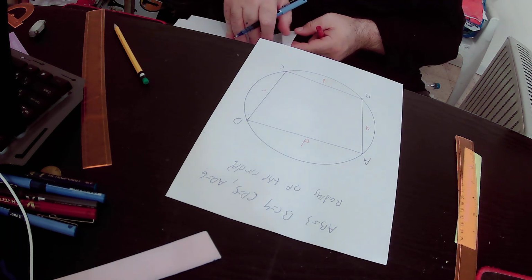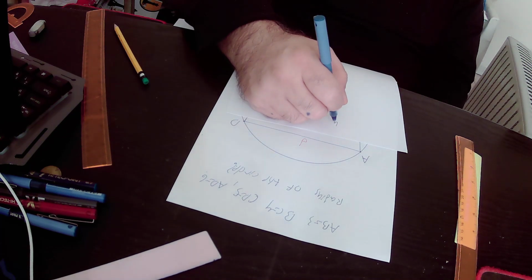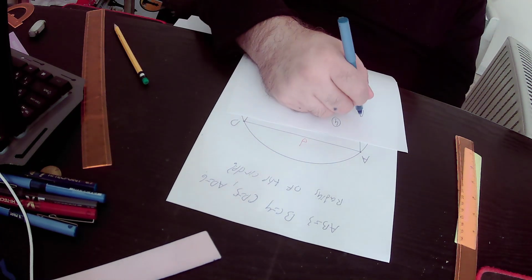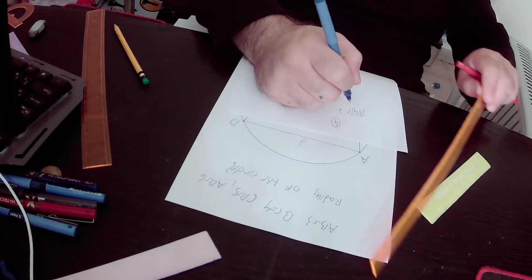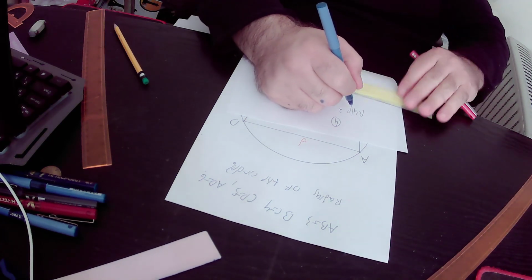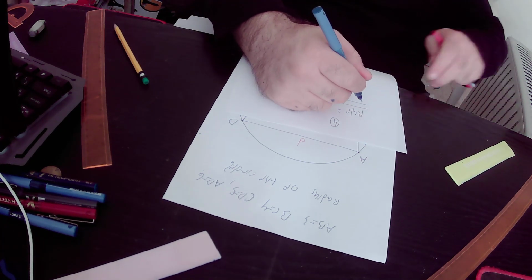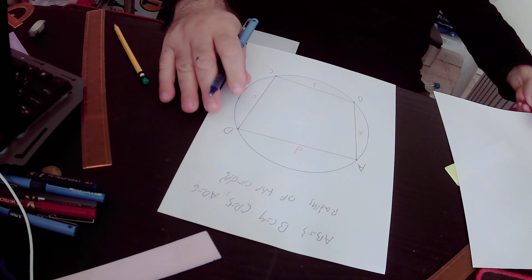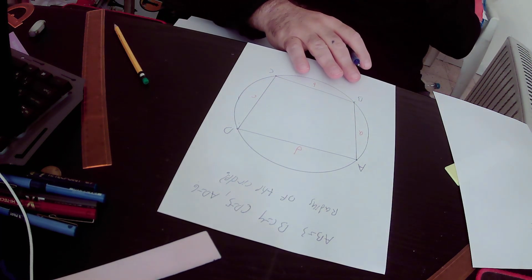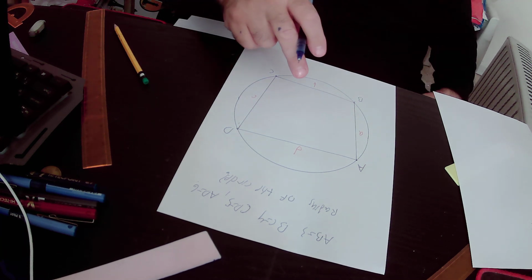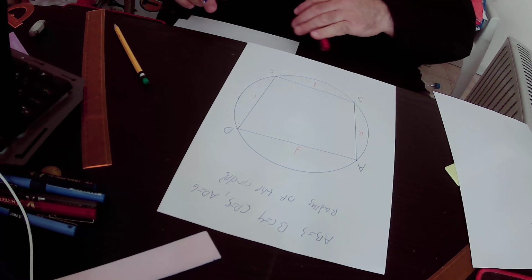According to rule number 2, here we will draw the two diagonals of this quadrilateral ABCD.